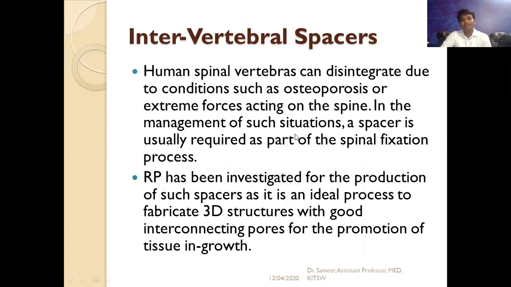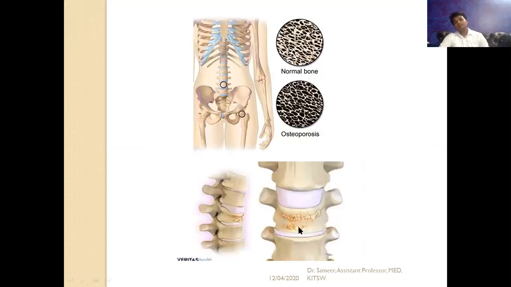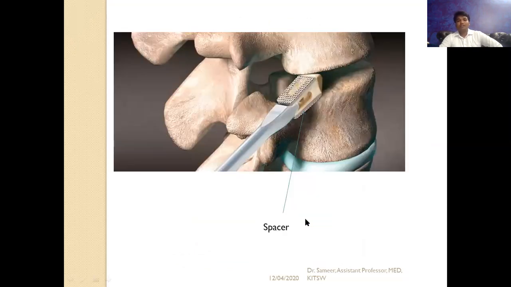So in the management of such situation, a spacer is usually required as part of the spinal fixation process. A spacer was required to replace this porous bone, which is affected with osteoporosis, which is very weak in nature.